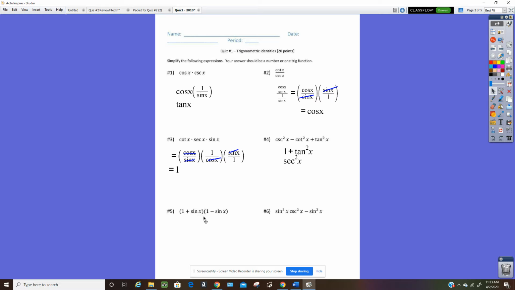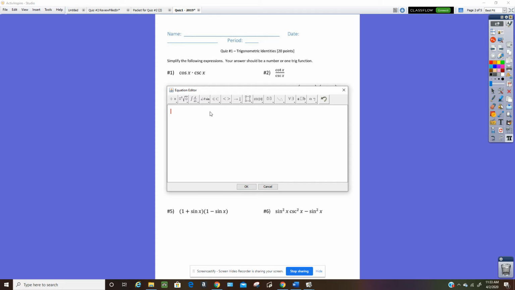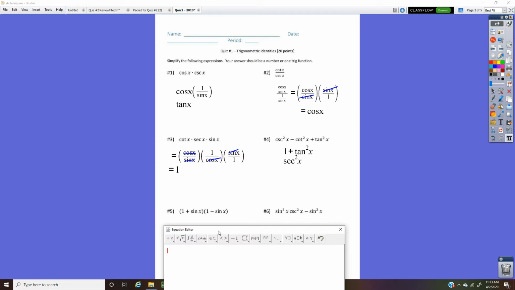This one, I have to multiply everything together using the distributive property. So now when I do the distributive property, I have 1 minus sine x plus sine x minus sine squared x.